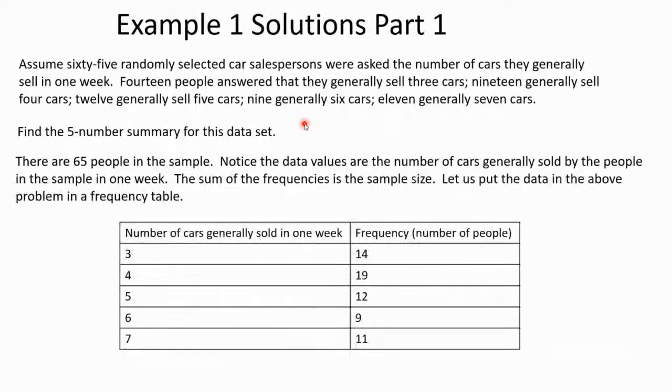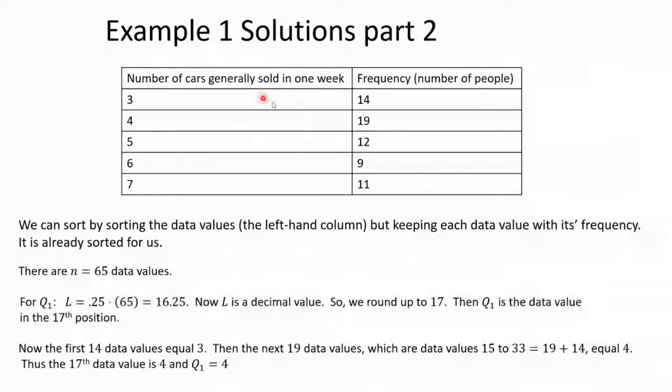That's just a reminder. Each frequency stays with each data value. So for the 5-number summary, the minimum is 3 and the maximum is 7. That's kind of obvious.